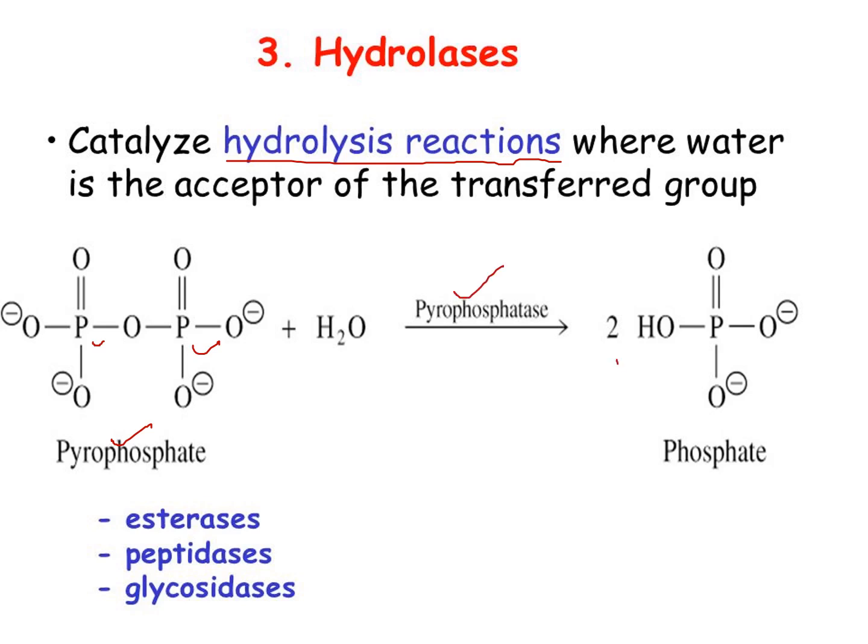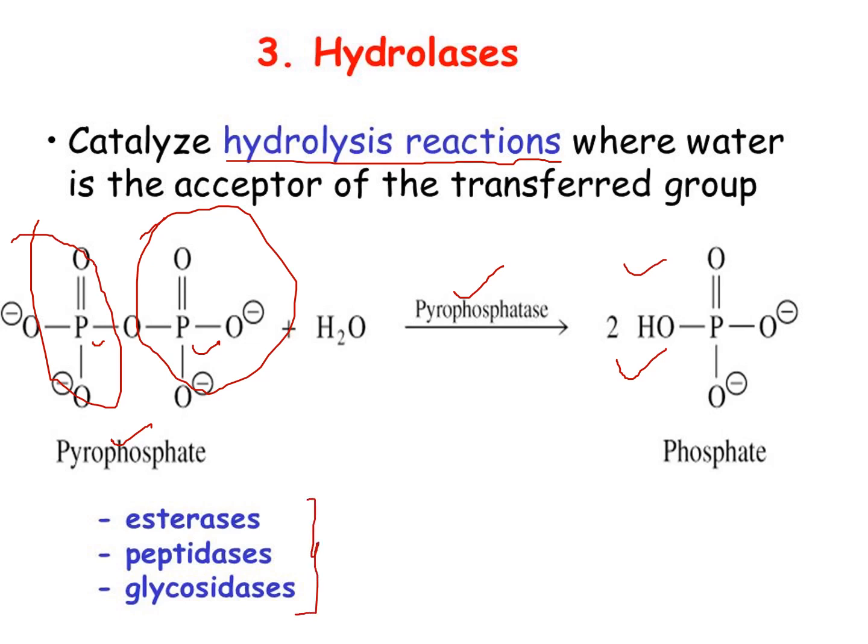Initially it has 2 phosphate groups linked together with oxygen, and during this hydrolysis reaction it will break down into 2 phosphate molecules. All these enzymes like esterases, peptidases and glycosidases will come under the hydrolases.